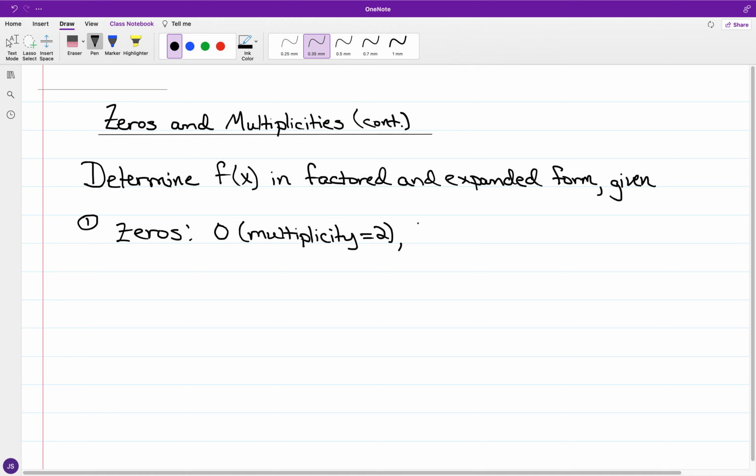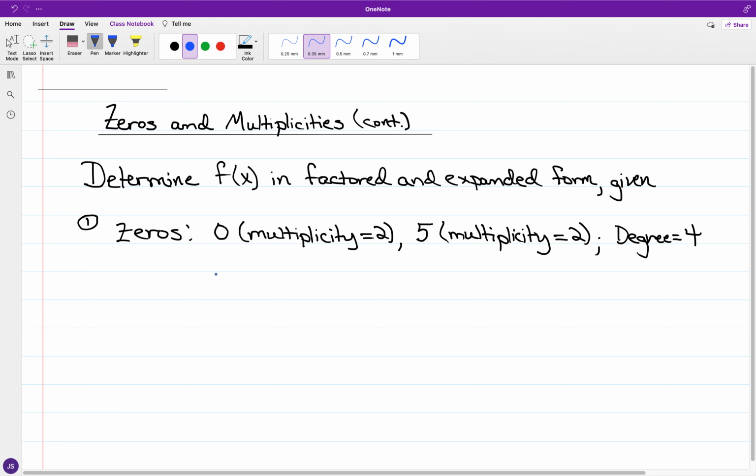And also in the mix, we'll say we have another zero at 5, and this multiplicity is also 2. And for the degree of the expression, we'll have a fourth order polynomial. So we have the zero values of 0 and 5.